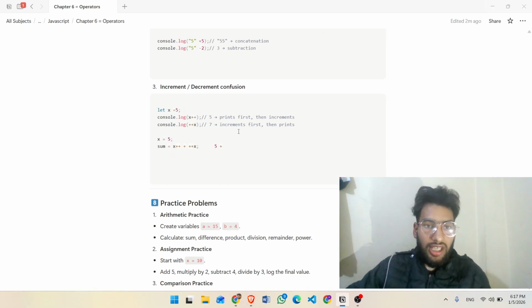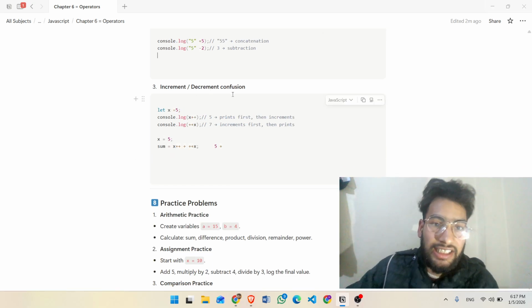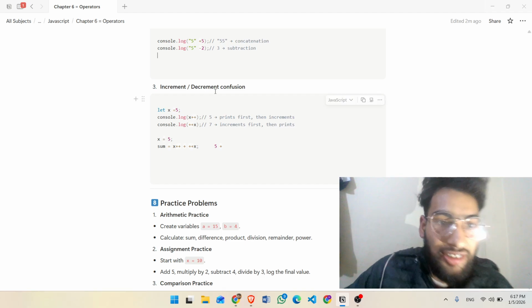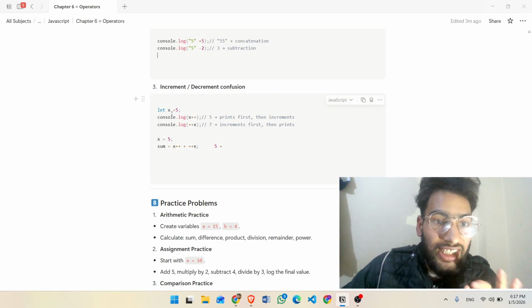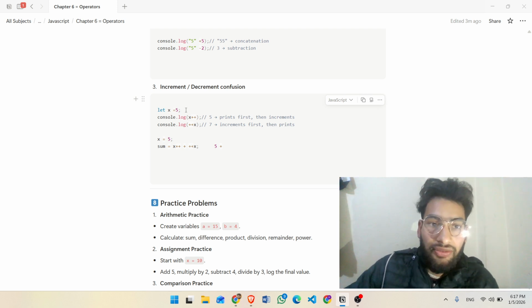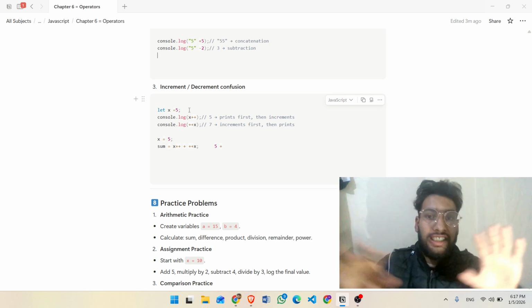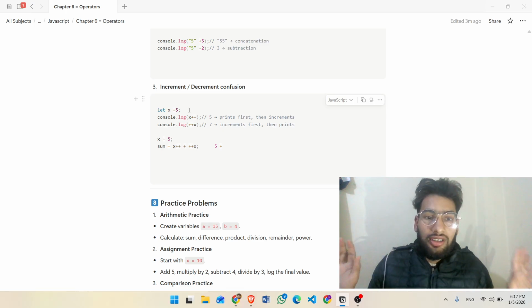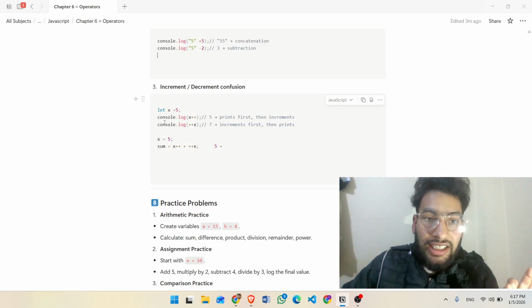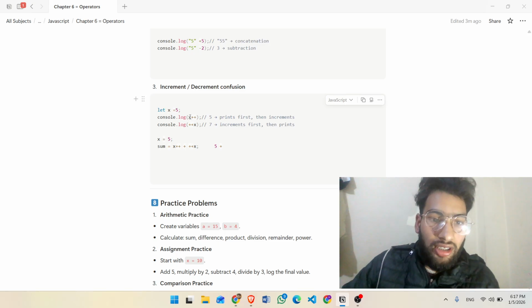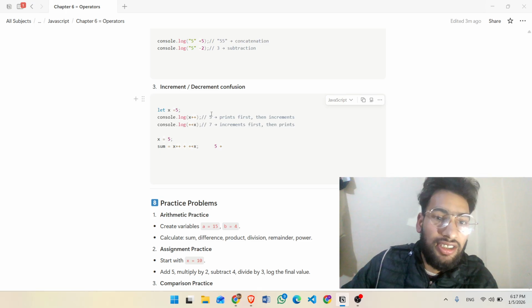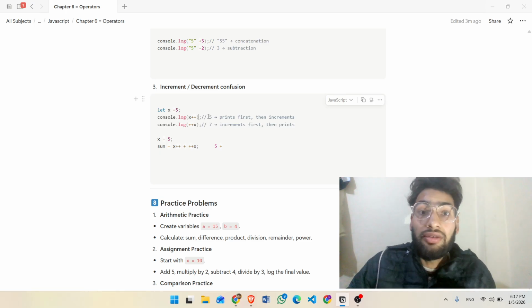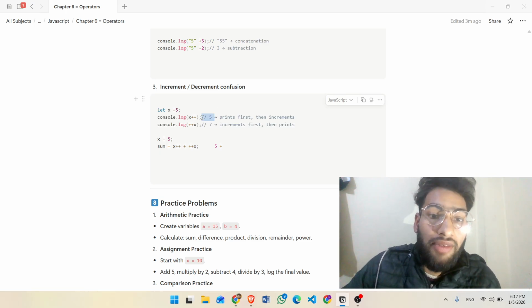Okay, another one is increment and decrement. Let x is equal to 5, right? If our initial value is 5 and we do console.log x plus plus, it prints first, it does not increase the value first, it gives us 5.